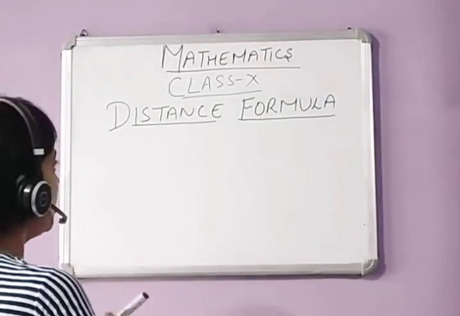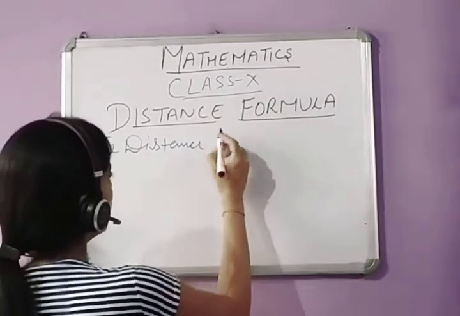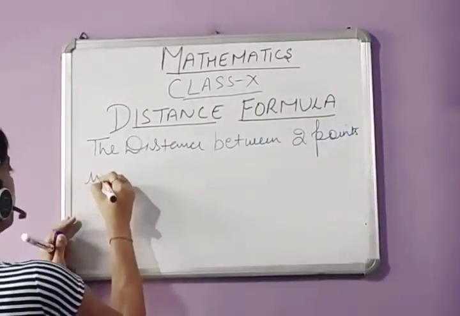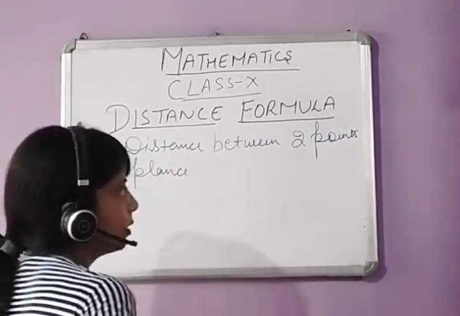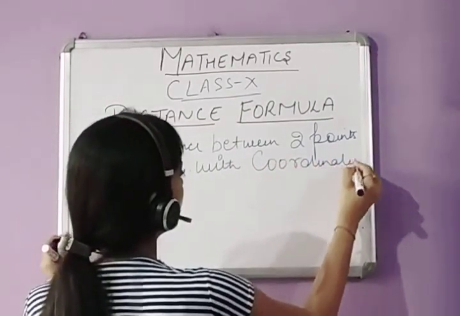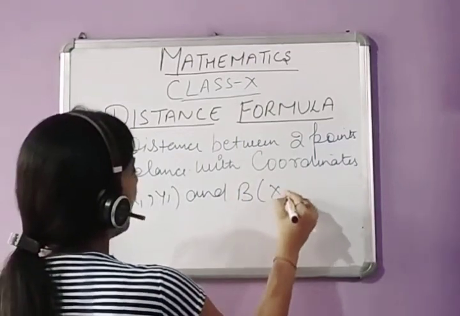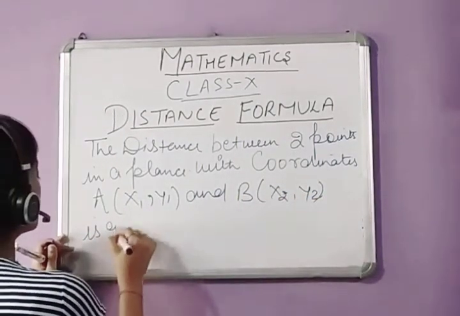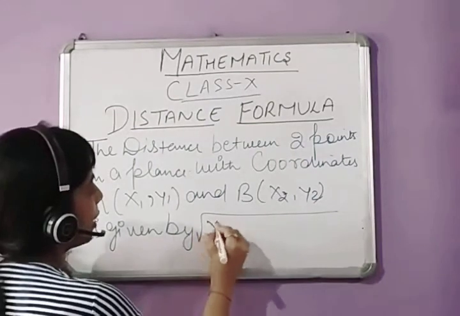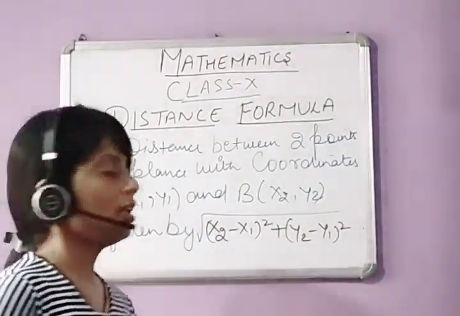Basically, the distance between two points in a plane with coordinates A (x1, y1) and B (x2, y2) is given by under root (x2 minus x1) whole square plus (y2 minus y1) whole square. This is my distance formula.